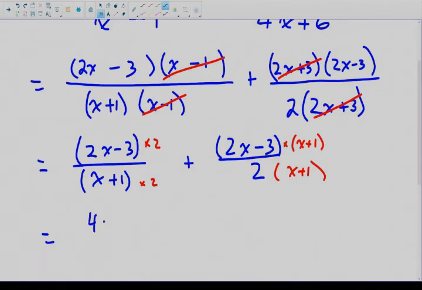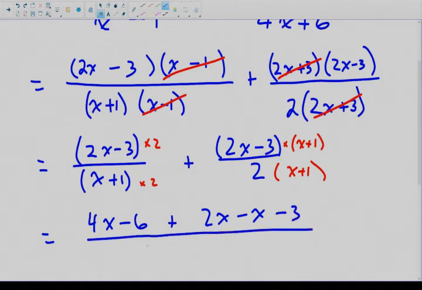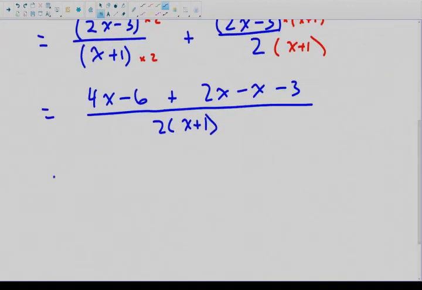So we're going to have 4x minus 6 plus, and I'm also going to FOIL this at the same time just to save us some space, okay? So 2x times x is 2x squared. 2x times 1 is 2x, minus 3x is minus x, and then minus 3 times 1 is minus 3. And that's all over the common denominator of 2 times x plus 1. Whoops, I forgot the squared above the 2x there.